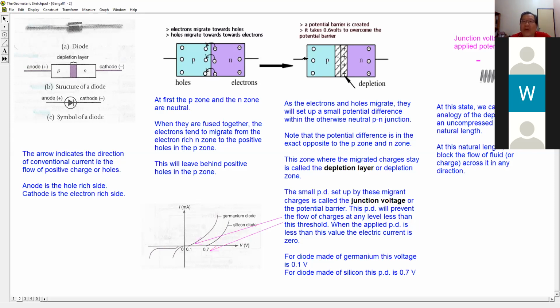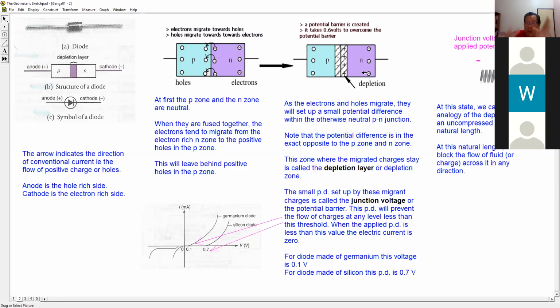However, if you put it over here, they are all neutral. This region is neutral. There's no electric field here. But there is an electric field at the junction. And this electric field is due to the migration of the electrons to the other side. And it is a very small potential difference only.